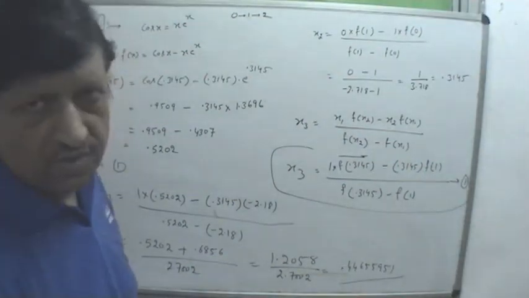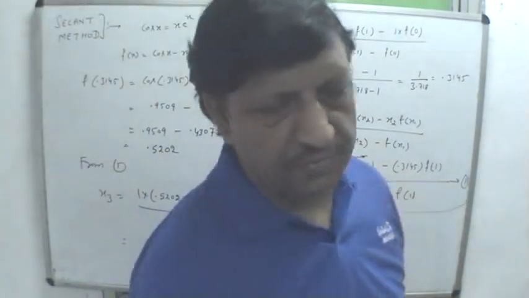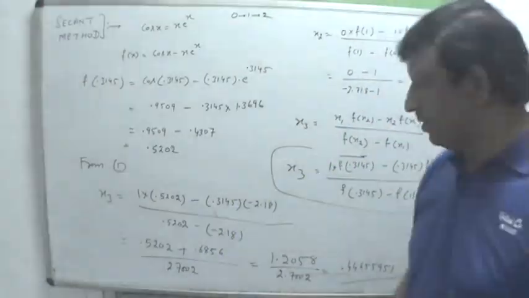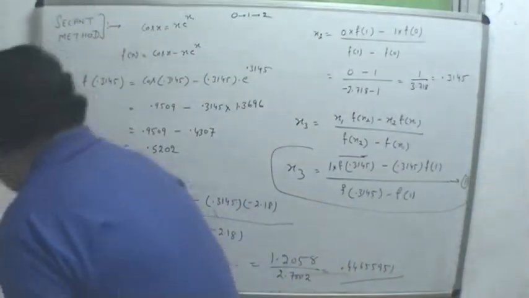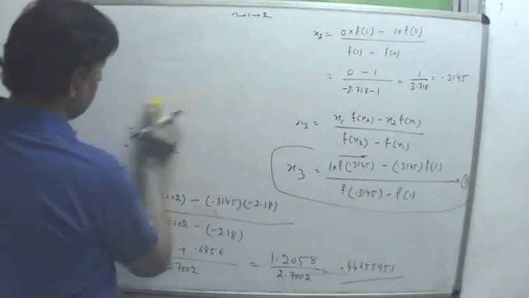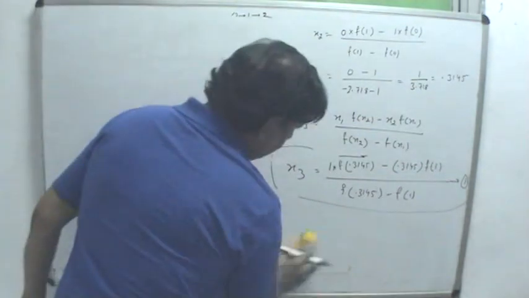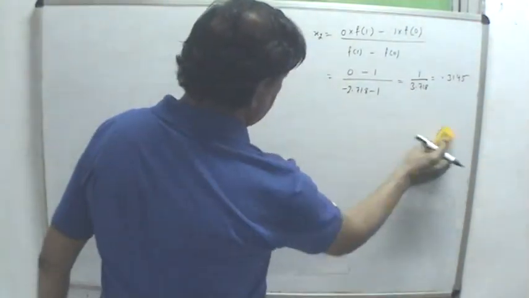Then we stop this process. That may be after 5 steps, 10 steps, 20 steps, maybe 25 steps. Here we follow only 2 or 3 steps. That is the second method to solve the given equation, your given function.